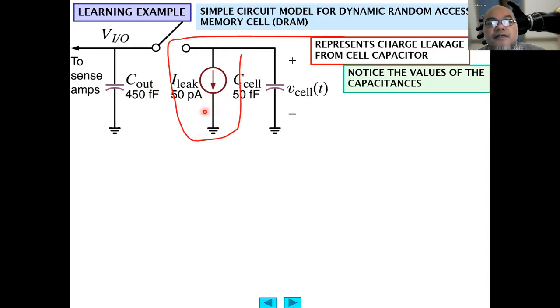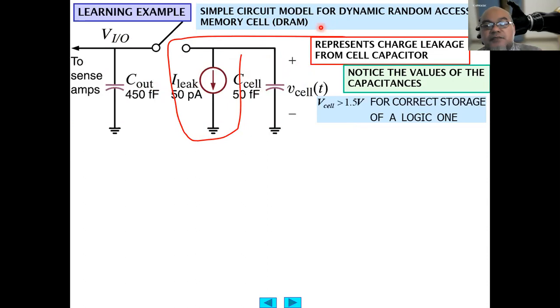So here, the current source I leak, 50 picoampere, represents the charge leakage from the cell capacitor. In reality, when you build the circuit in DRAM, especially at small scale, there will always be this charge leakage. The V cell must be larger than 1.5 volt for correct storage of logic 1.